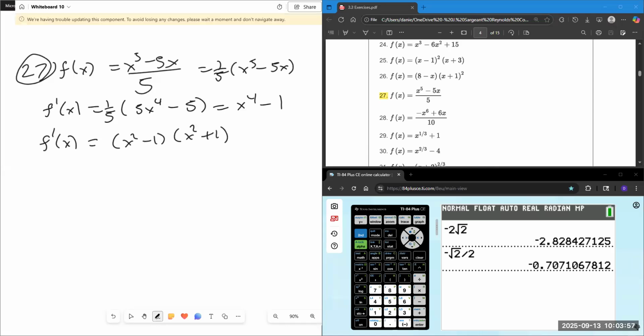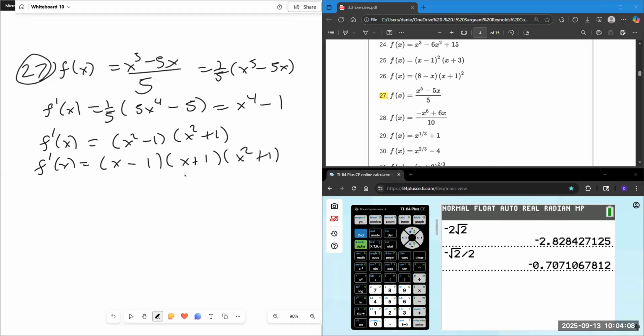And I'll further factor that because the first factor is also a difference of squares. x minus 1, x plus 1, x squared plus 1. So when I set each factor equal to 0, my critical numbers are going to be x is equal to -1 or 1. Let's put those on a number line for part B. -1 and 1.